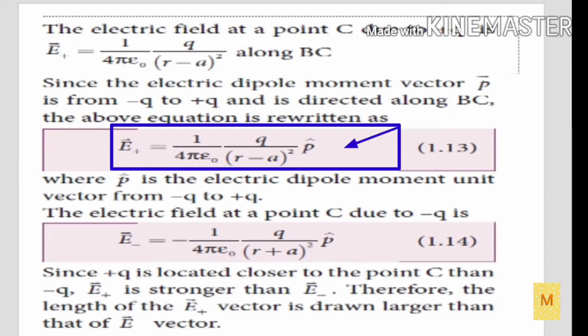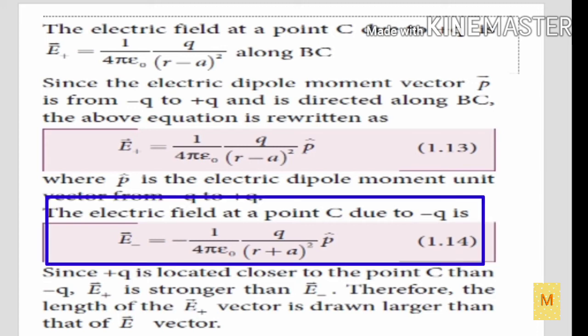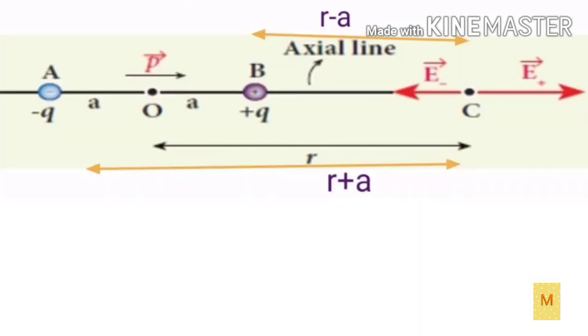As I said earlier, in this equation, p cap is considered as a unit vector for the x-axis. Similarly, the electric field at a point C due to the negative charge minus q is written as E minus vector is equal to 1 by 4 pi epsilon naught into q by (r plus a) the whole squared into p cap.